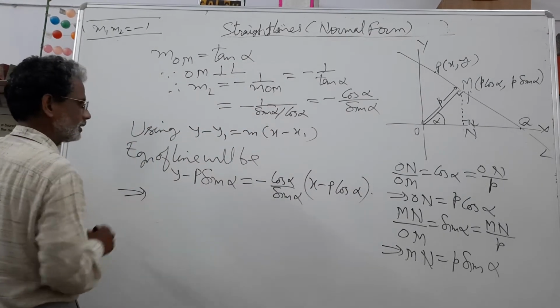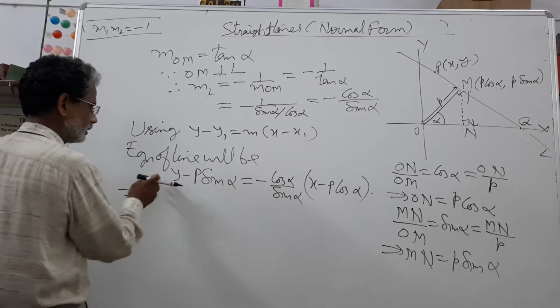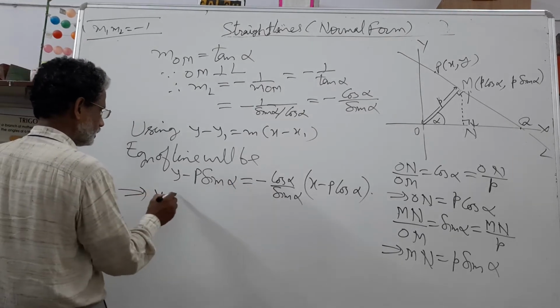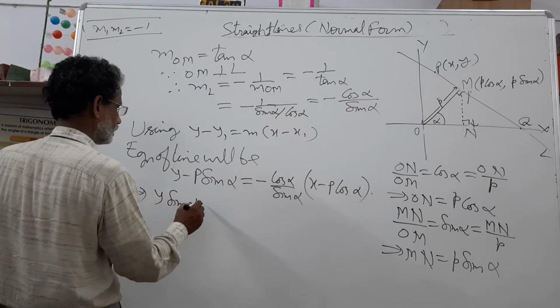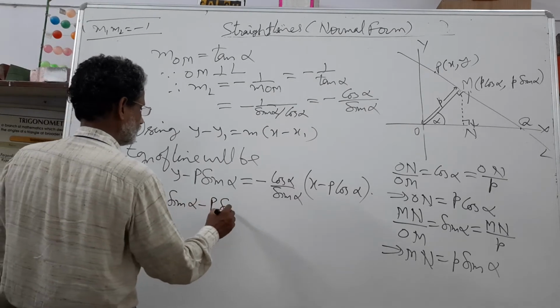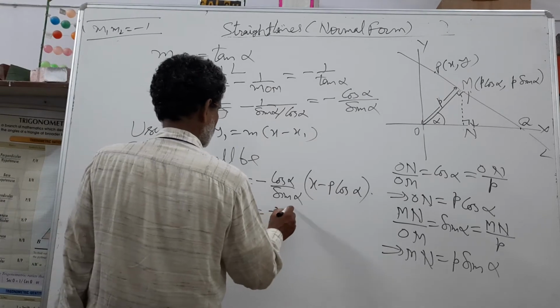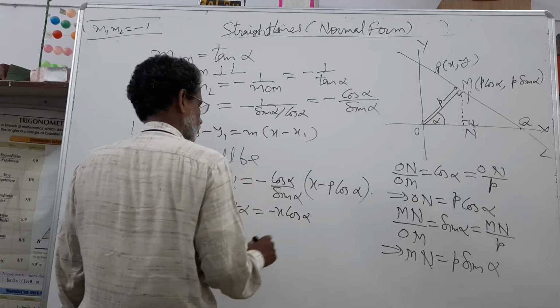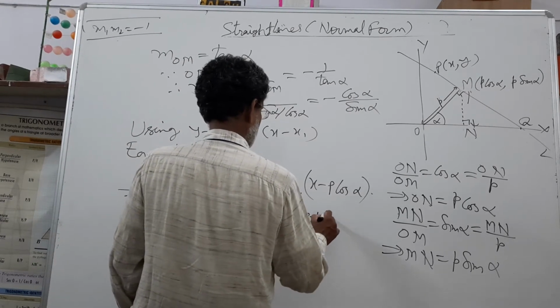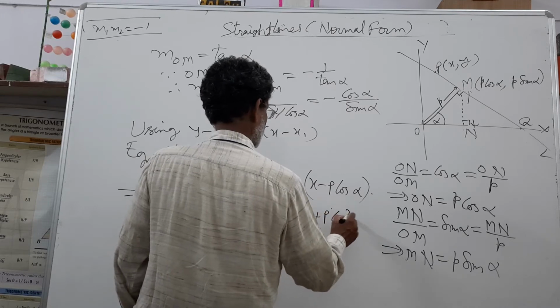This implies, sending this sign to here, y sin alpha minus p sin square alpha is equal to minus x cos alpha plus p cos square alpha.